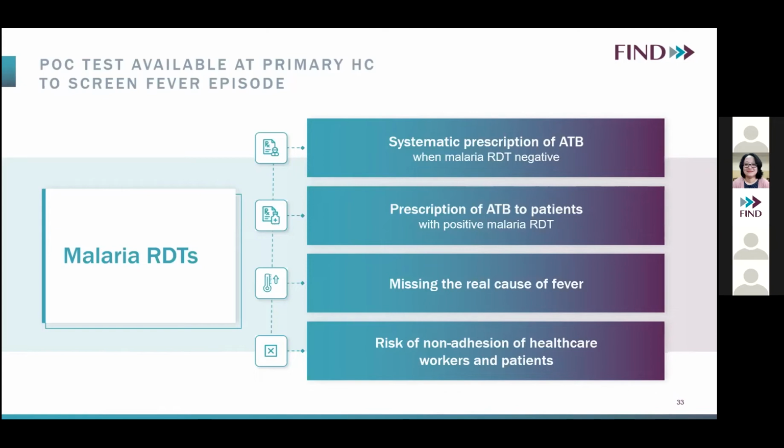The reason for this is to not miss the real cause of fever by prescribing antibiotics regardless of the test result. The risk is the non-adherence of healthcare workers, because they face a dilemma: they don't know what the real cause of fever is in those cases.